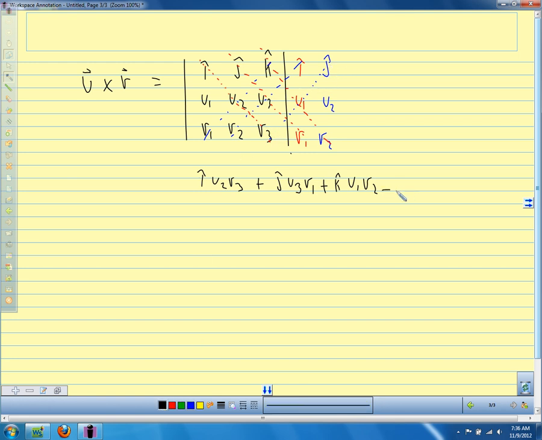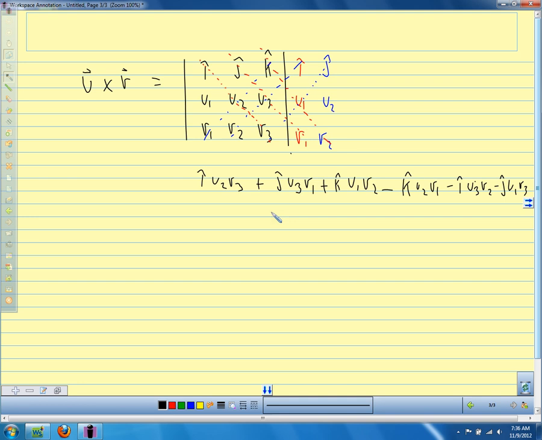So I would get minus K times U2 V1, minus I times U3 V2, minus J times U1 V3. And then I can combine these and get my determinant. So those are two ways you can think about doing this determinant with the cross product.